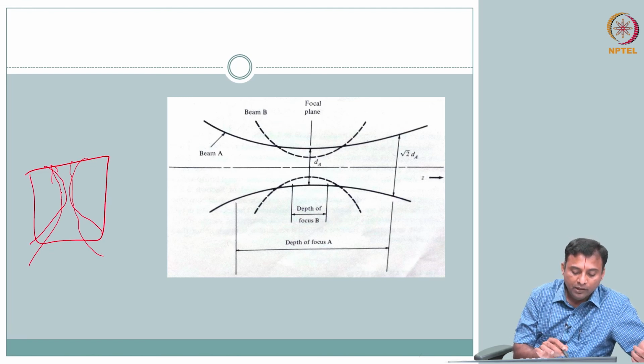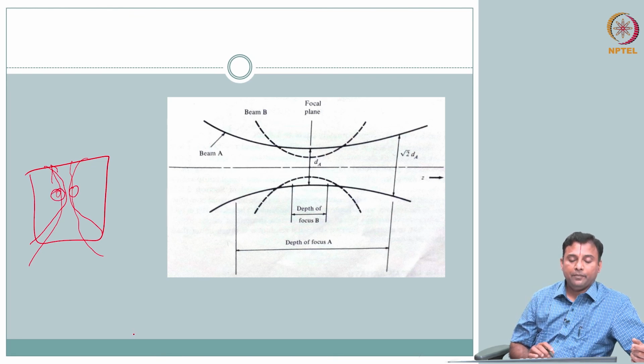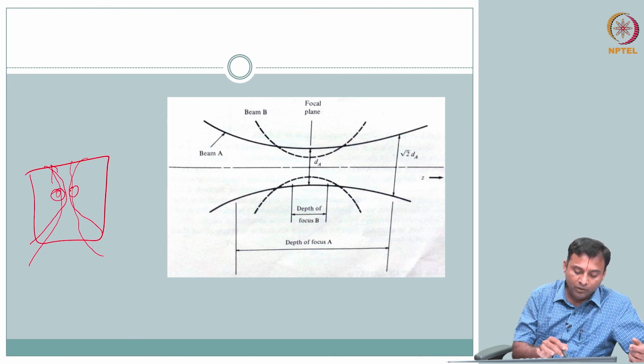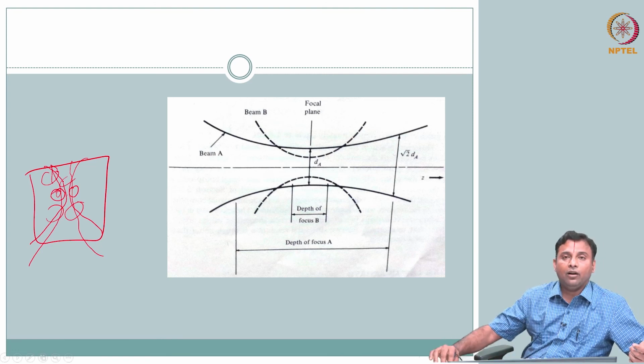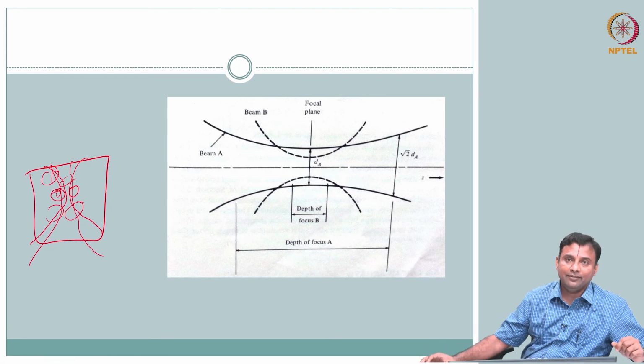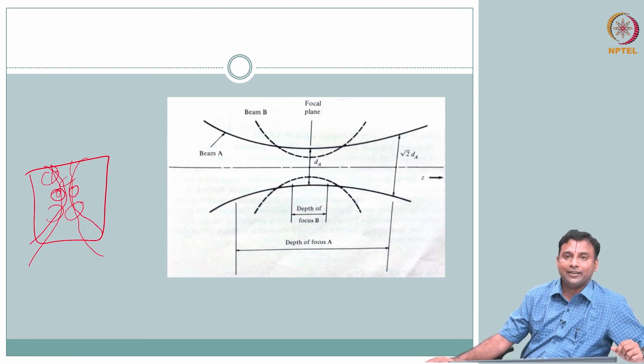For example, if I am interested only in two objects that are there, then maybe I will use the tightest. But if I have several objects at different locations, I would like to make sure that I see all of them reasonably well. So it's a choice that you have to make. Okay, so it's a trade-off.